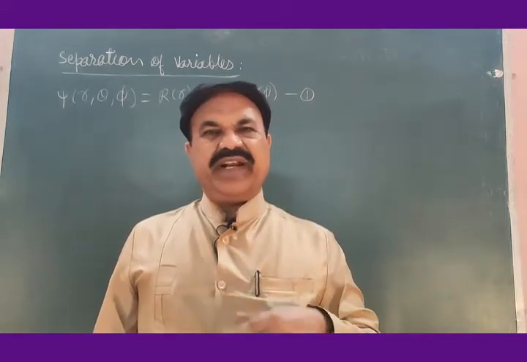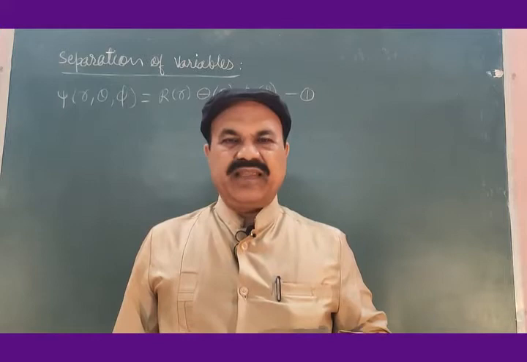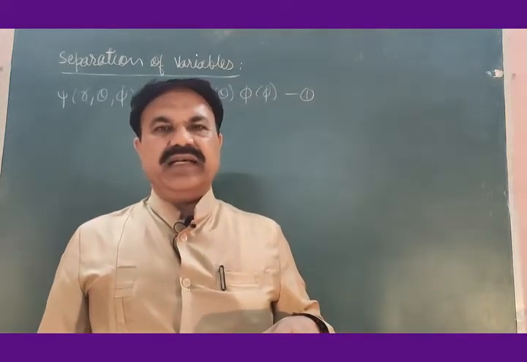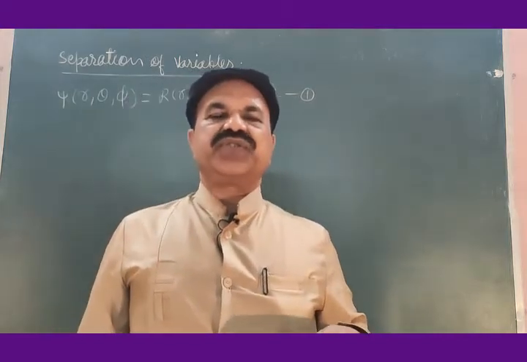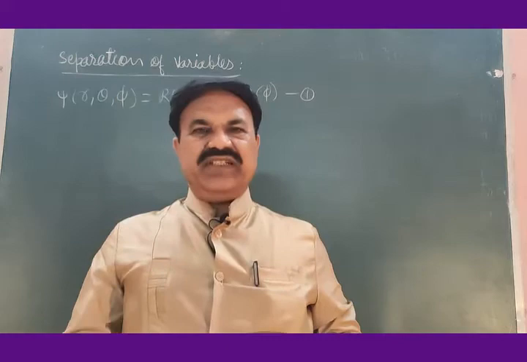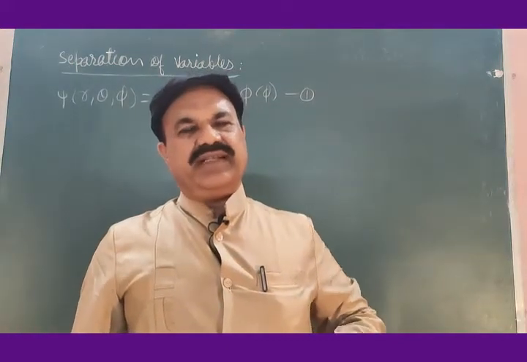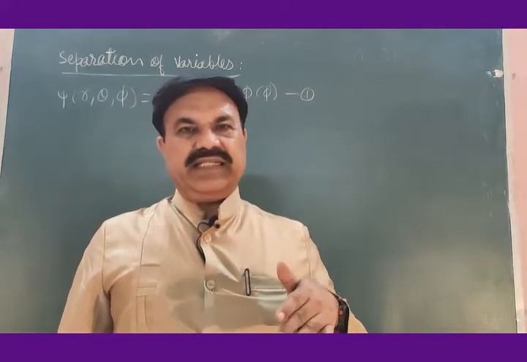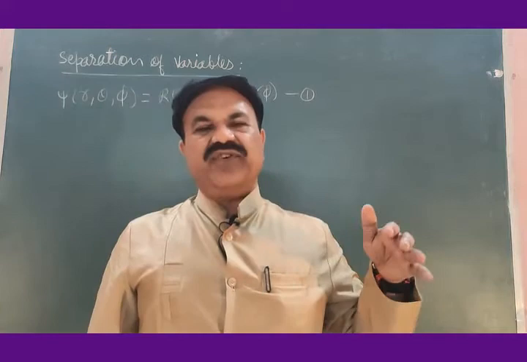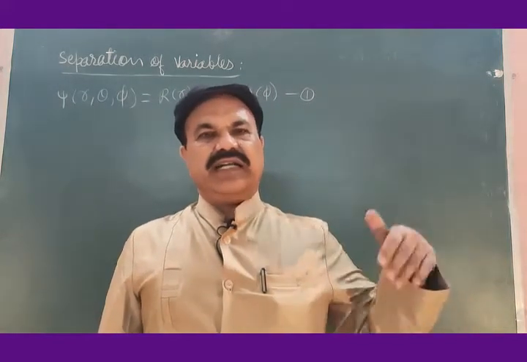We will have different meridians for different zenith angles. These meridians will be the longitudes of a sphere whose center is at the nucleus of the hydrogen atom. And in this case, the behavior of the wave function psi for the electron of the hydrogen atom will be independent of R of r and phi of phi.